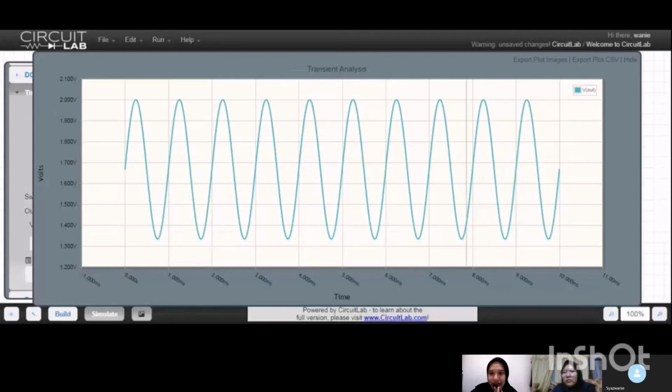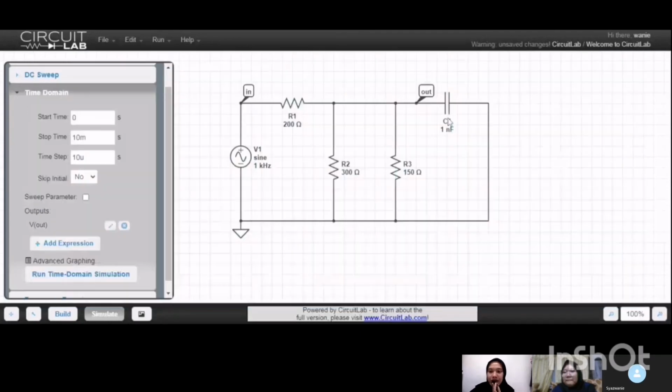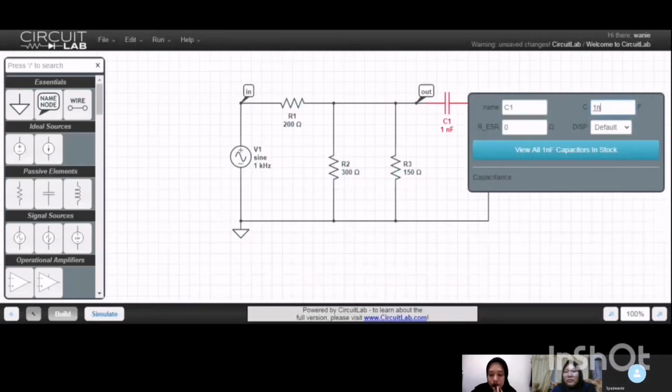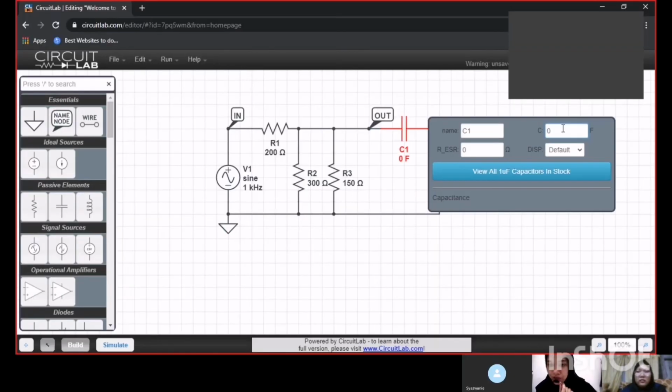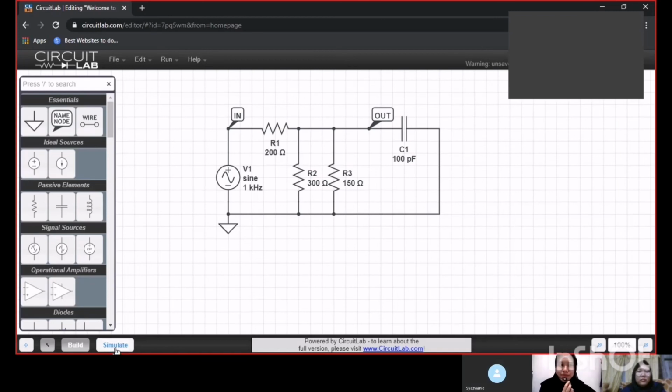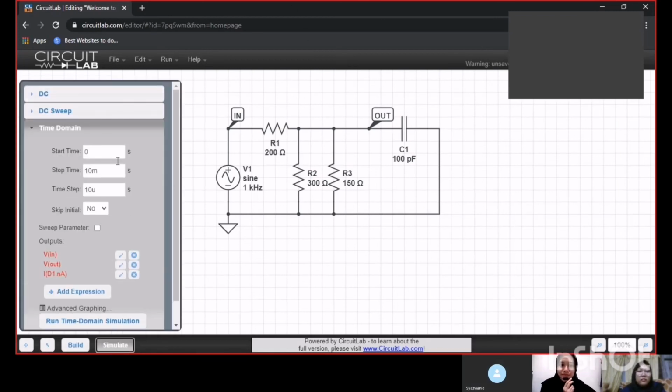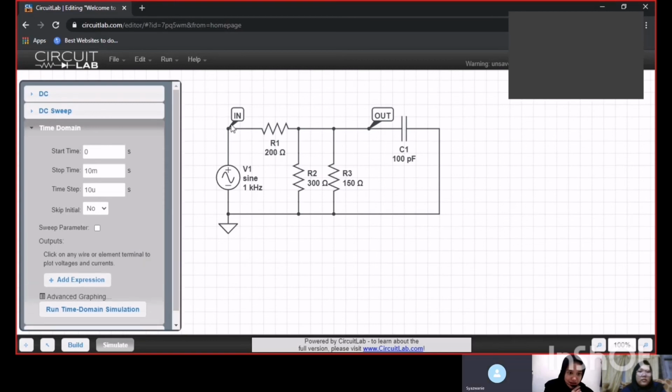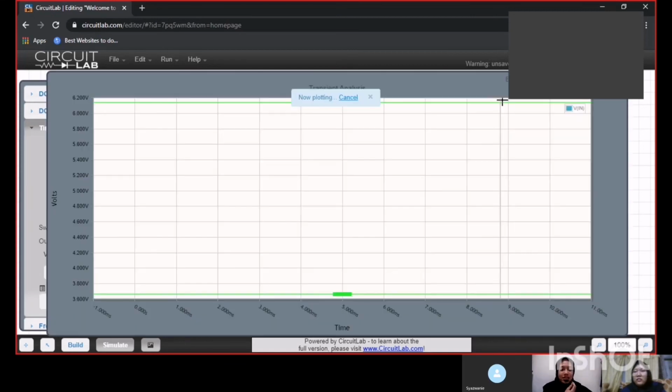Last but not least, let's look at the 0.1 nanofarad for both input and output waveform. Okay, run.